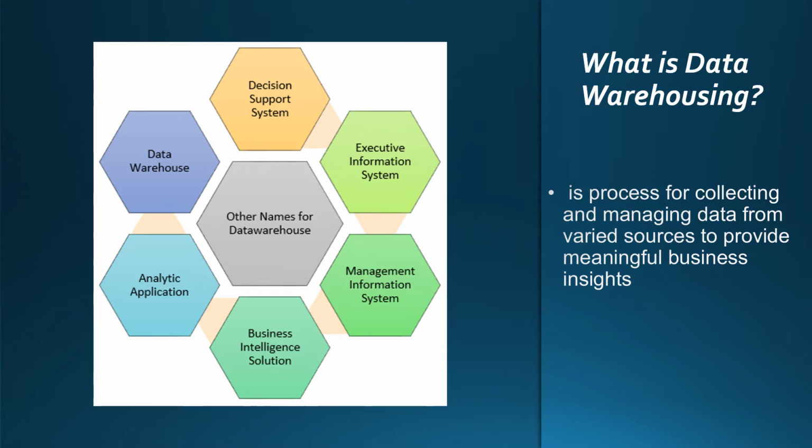And the second thing in this slide is other names for a data warehouse, which are decision support system, executive information system, management information system, business intelligence solution, analytic application, and data warehouse as we know it.